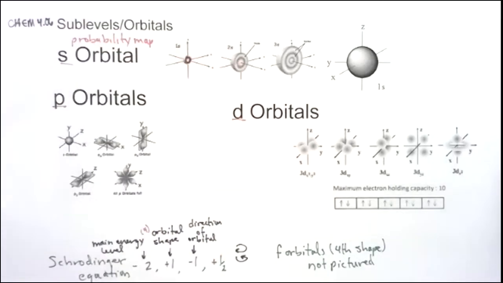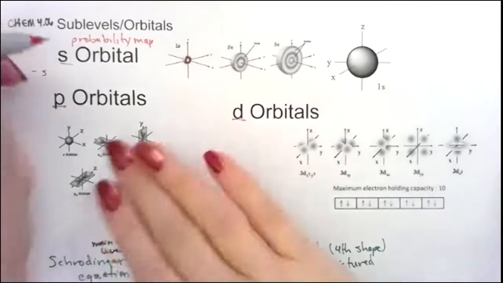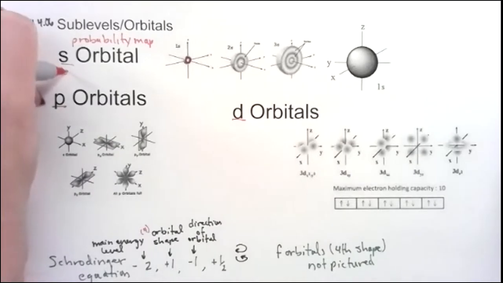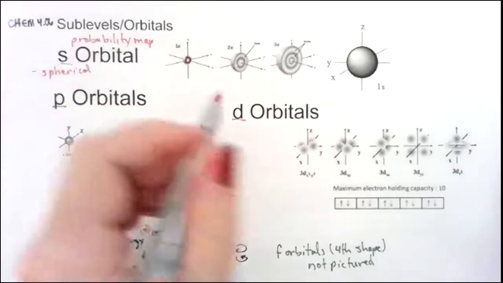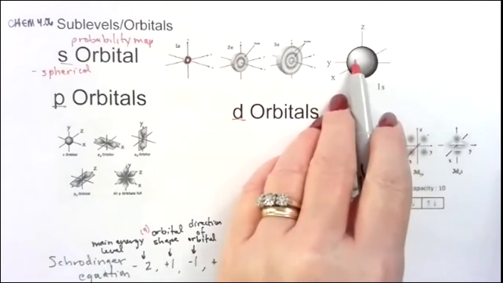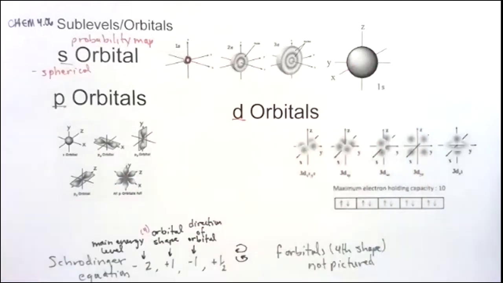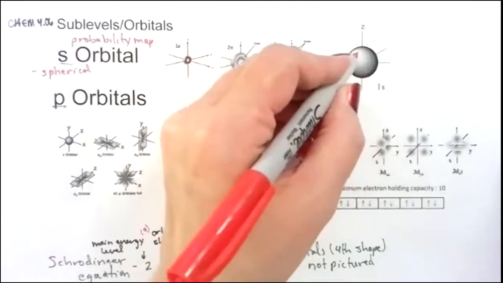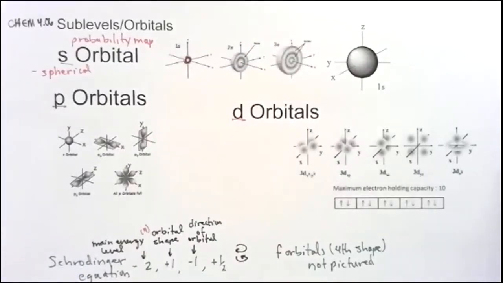The dark ring is actually the orbital. So s orbitals are spherical. Here's the 1s blown up: the electron is popping in and out of existence. Oh, boop, it's there, it's there, it's there. And if we drew a geometric map of that, it would look like this. This is the area where that electron's popping in and out.